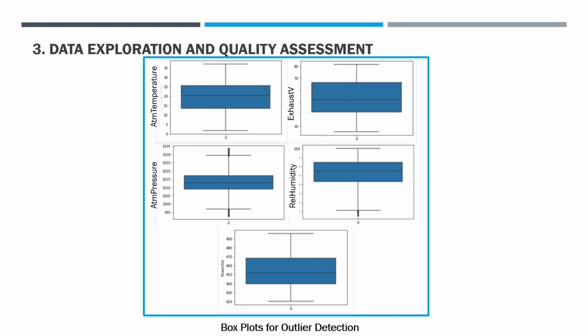Also, box plots revealed that there are outliers present in atmospheric pressure and also in relative humidity. You can see the presence of the outliers indicated by red circles in relative humidity and atmospheric pressure.